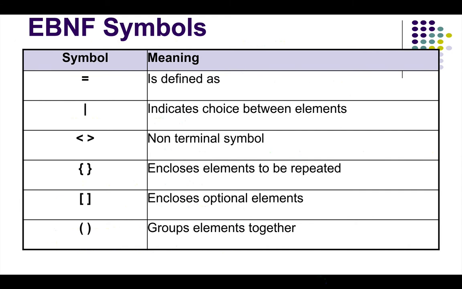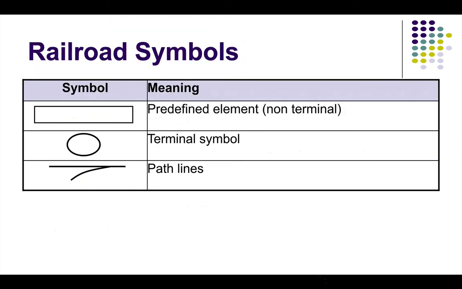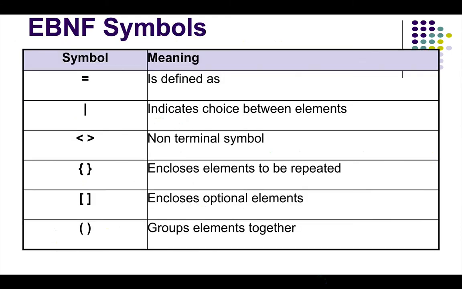Okay? These two slides, this one here and this one here, I would 150% print onto a flashcard because you have to know these brackets. You have to know these symbols. In EBNF, you have to know these symbols. If there is a line between something, it is a choice.